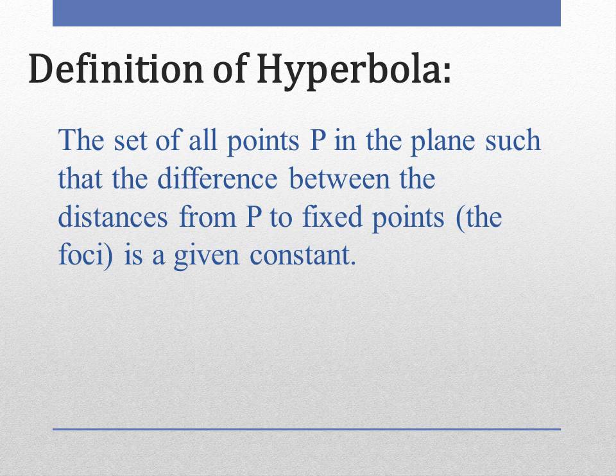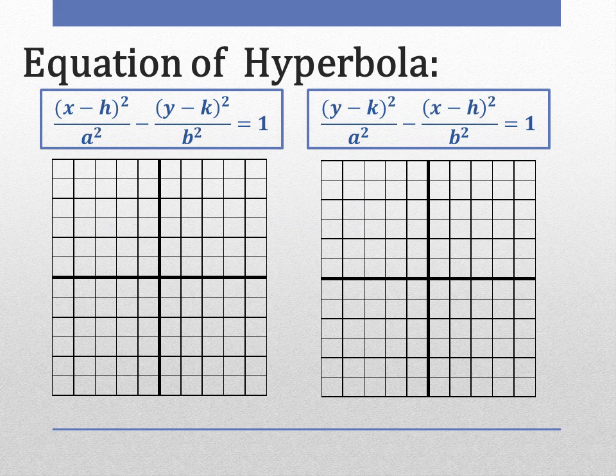Unlike ellipses, where we can easily do a sketch of this, this is a little more difficult because of the differences, but as a result of the difference between the distances, our curve is going to point a different direction. So the equation of a hyperbola, much like the ellipse, tells you a lot about your graph.